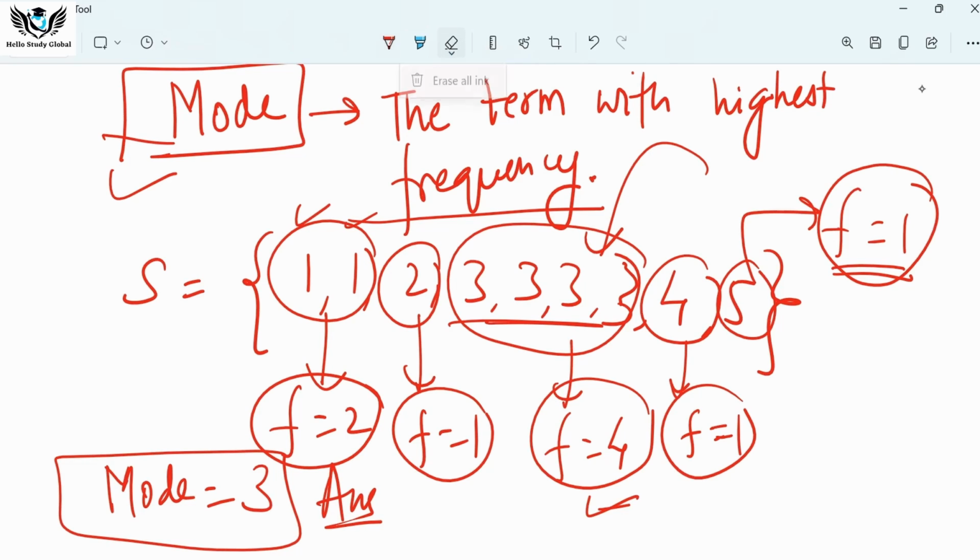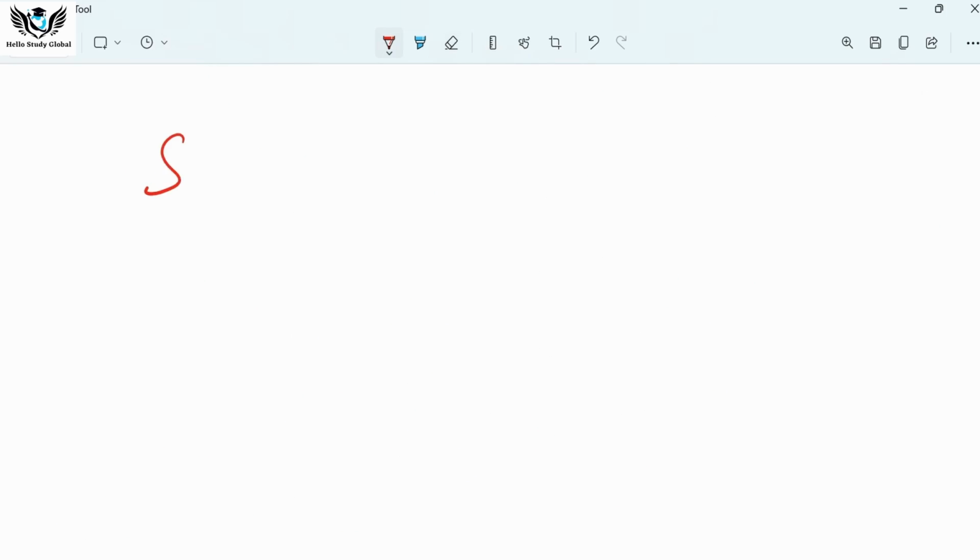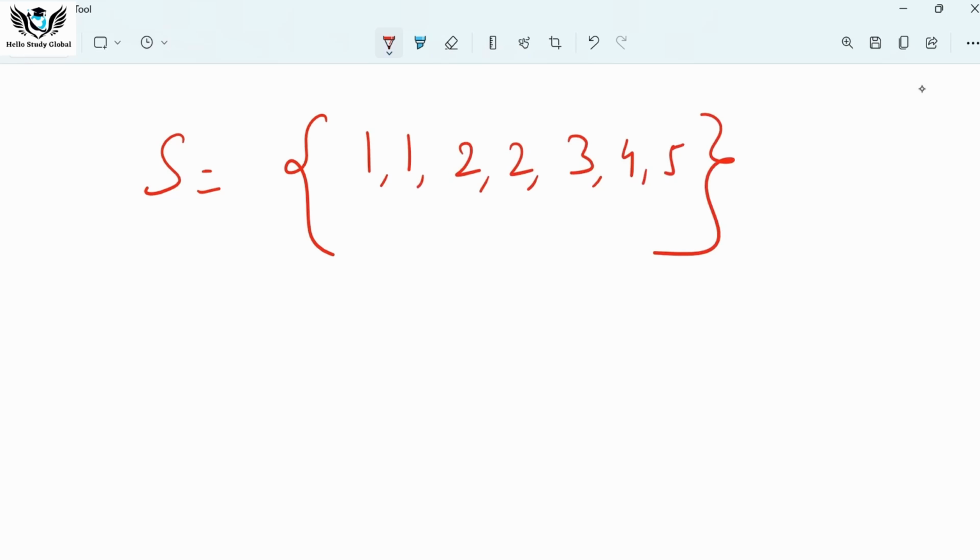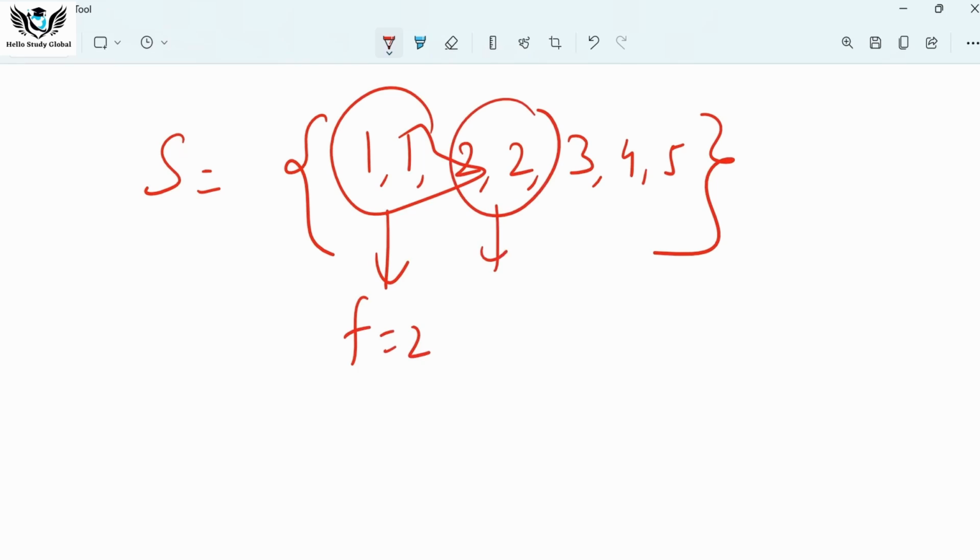Now if somebody asks you, can there be a set where there are 2 modes? The answer is yes. Let's say the set is 1, 1, 2, 2, 3, 4, 5. Here 1 has frequency 2 and 2 has frequency 2. Two terms have the greater frequency, that is frequency 2.